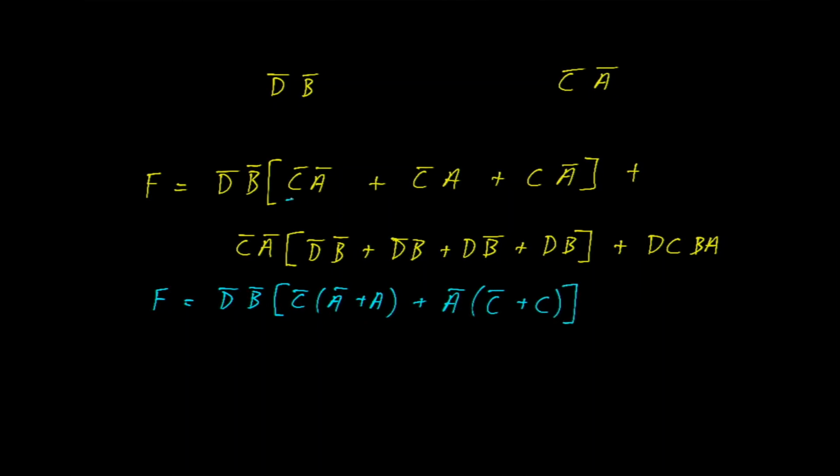That first one is a distributive property, collecting things with C naught in them. Then we collected things with A naught in them. You'll notice that this term appears twice. Here it is as C naught A naught, and again as C naught A naught. Some simplification of this part now.